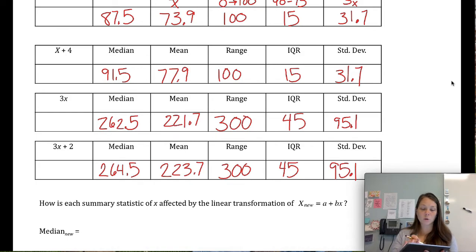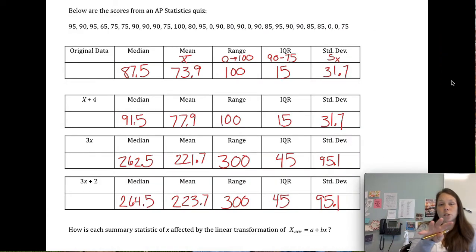So now we want to summarize this, thinking about how the data was originally, and when we added a number, how those numbers changed, and when we multiplied by a number, how those numbers changed.